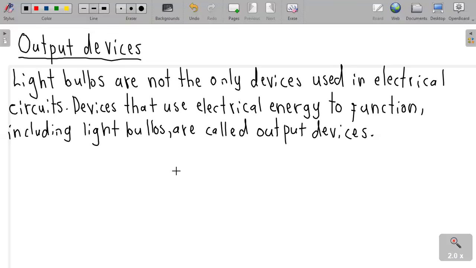Okay, let me give you a formal definition of an output device.